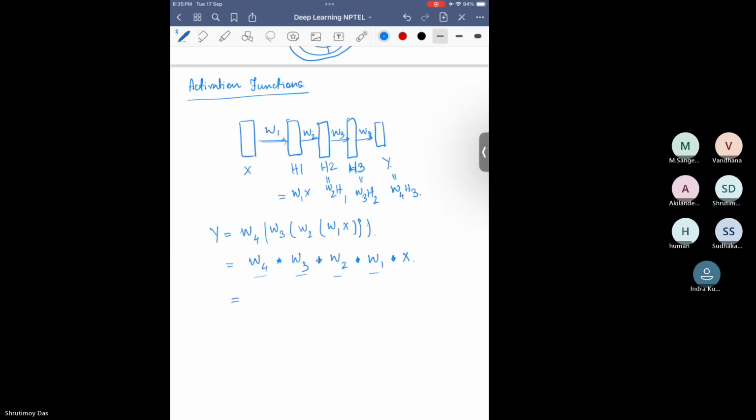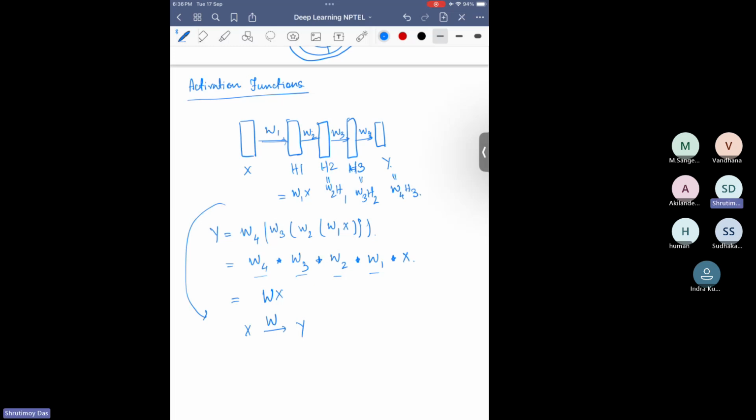So these are your different weight matrices, and you are taking a product of them, and you get back another matrix, say W. So this is the same as saying that instead of a multi-layer network, you have some X, and you get back Y by multiplying with some W. So you lose the advantage of your multiple layers of the neural network, right? You're just doing a matrix vector multiplication.